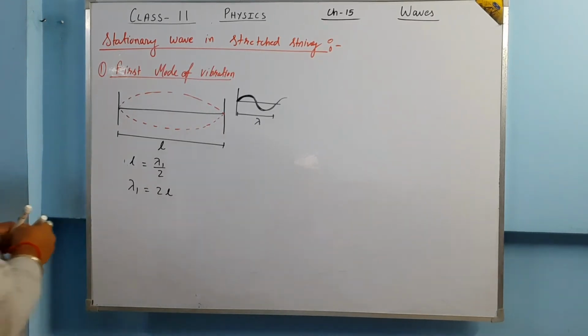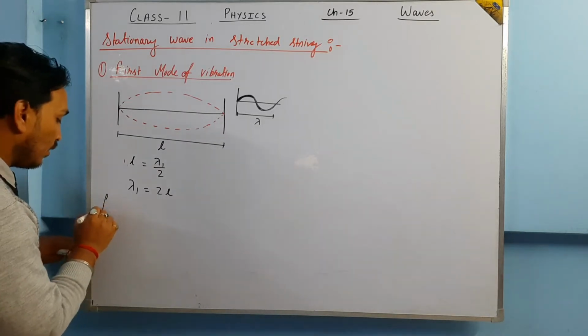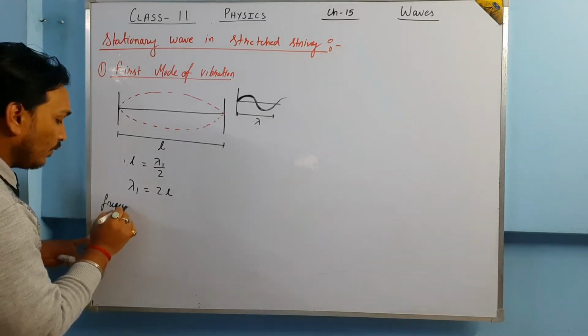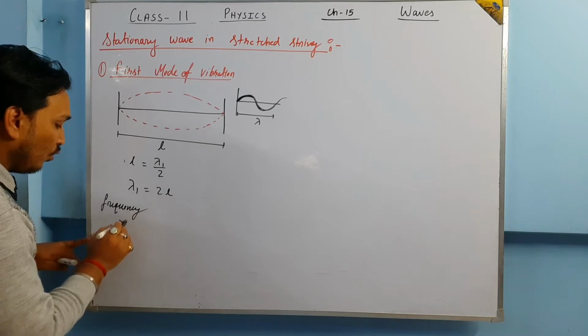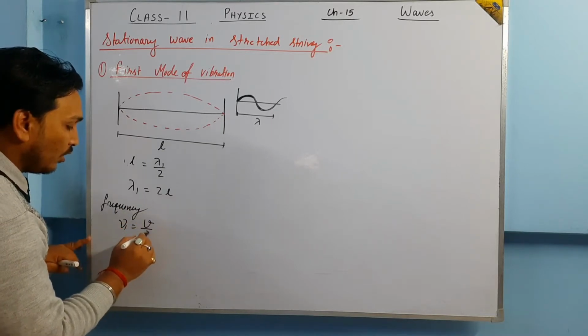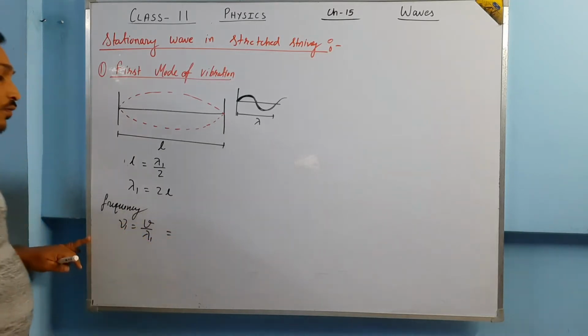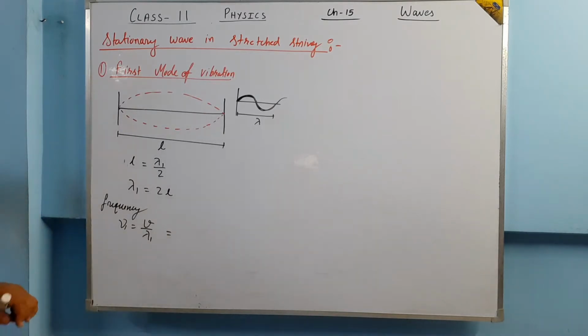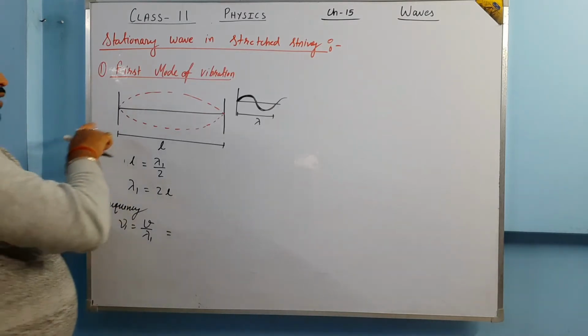Now if I want to calculate the frequency, the frequency of the wave, nu1, is going to be v upon lambda 1. What is the value of the velocity of a wave traveling through a stretched string?